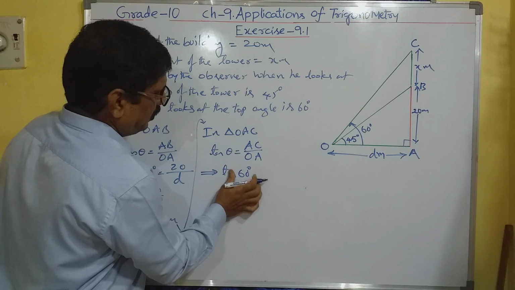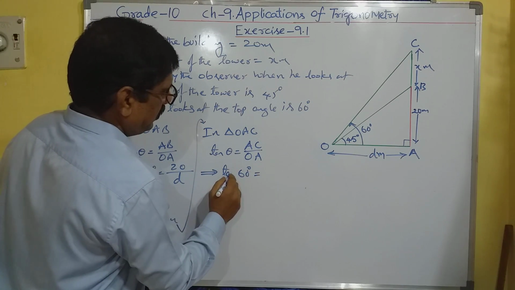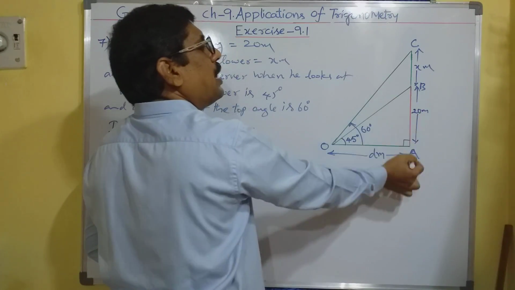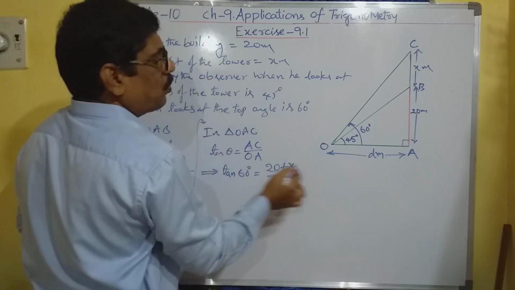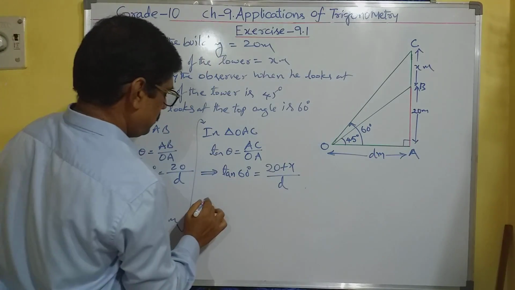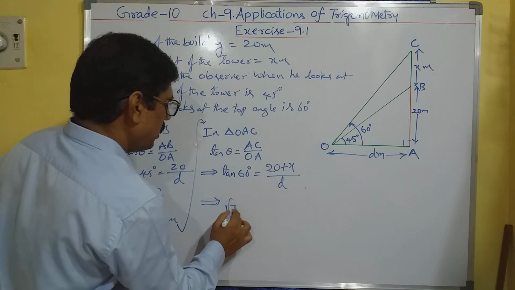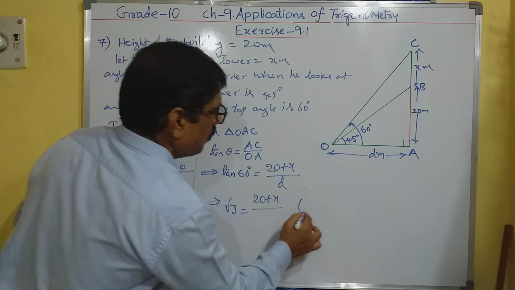Tan 60 degrees is equal to AC by OA. What is AC? AC means total height, the building height plus tower height, 20 plus x, by OA. OA is d. Now look at this. Tan 60 degrees is root 3. So root 3 is equal to (20 plus x) by d.